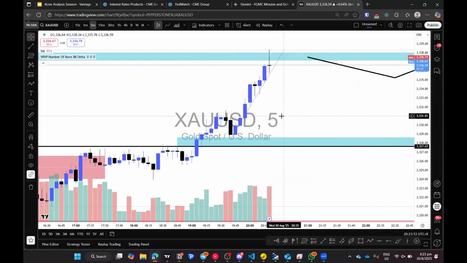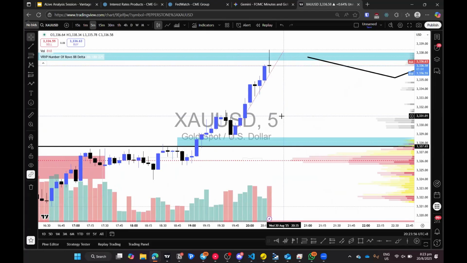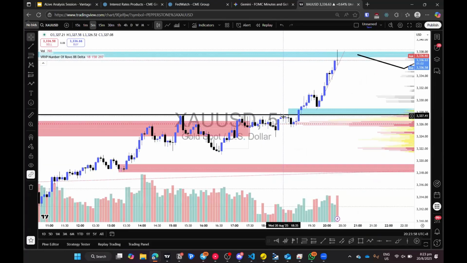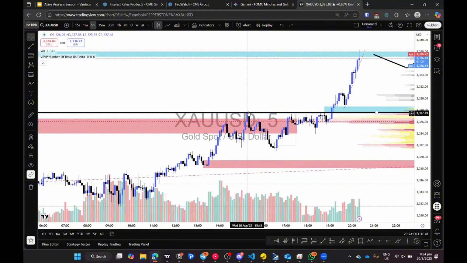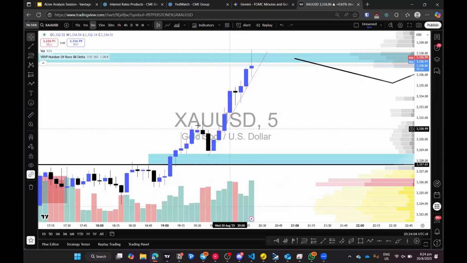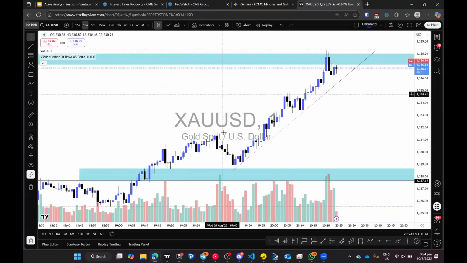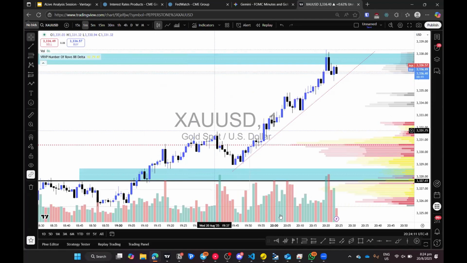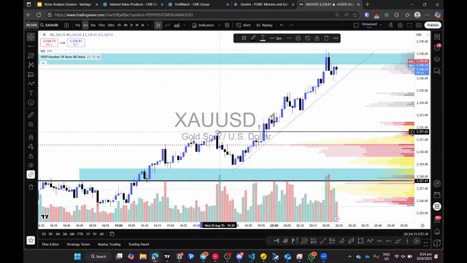On the 5 minutes, it might not be clear because you'll be targeting this high. So this was quite unexpected. But if you're on the 1 minute, you would see this as a key failure of the sellers.